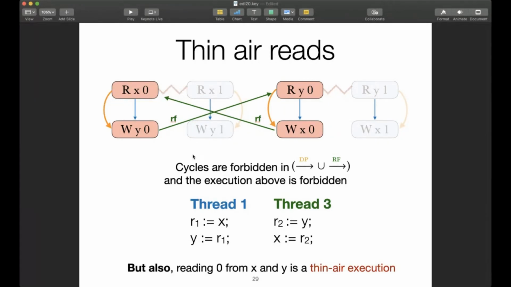It's got a cycle in DP union RF. If we were to include an initialization of 0 here, we would provide a sensible place to read x0 and read y0 from, and this would become allowed. But my point is that we have the facility to represent open programs here, not just programs that are completed, but programs that are fragments and maybe composed with some context.